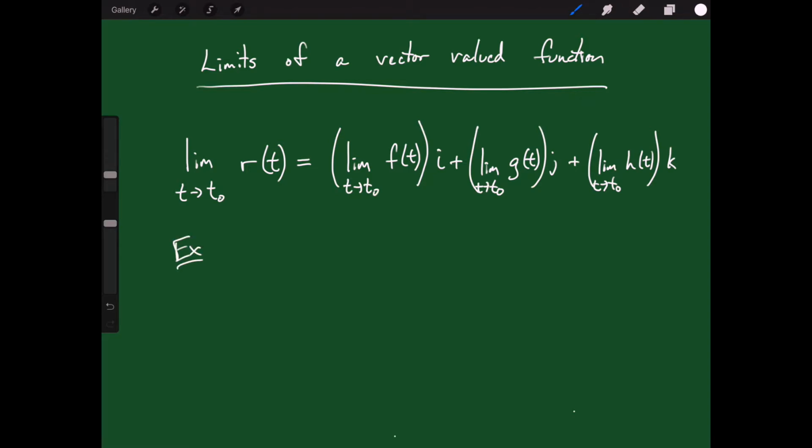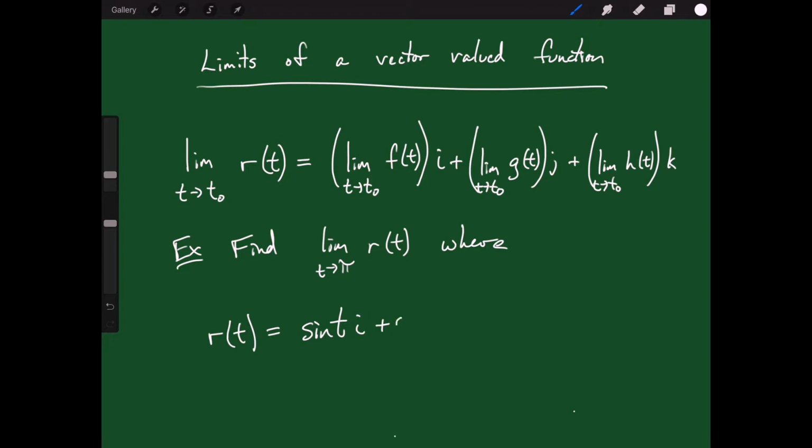Let's find the limit as t goes to pi of r of t, where r of t is equal to sine of t i plus cosine of t j plus 3t k.